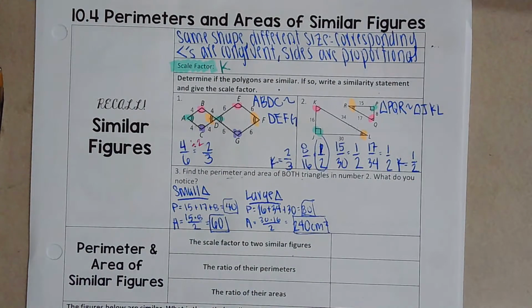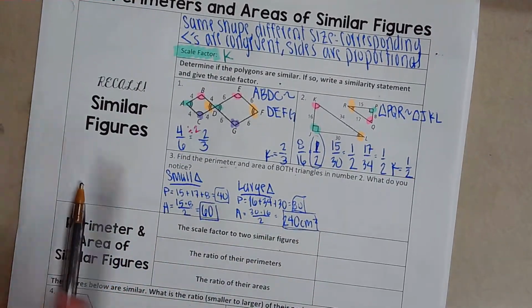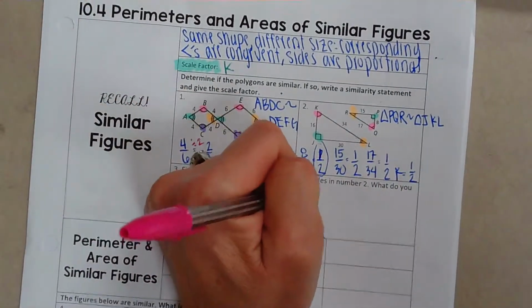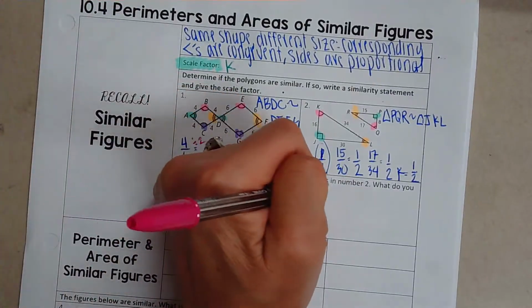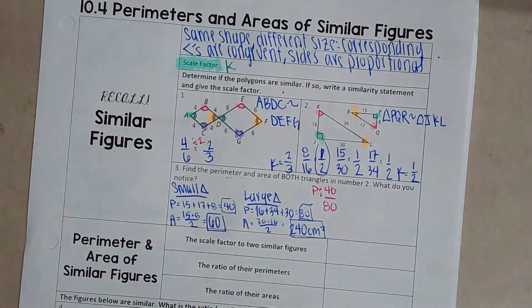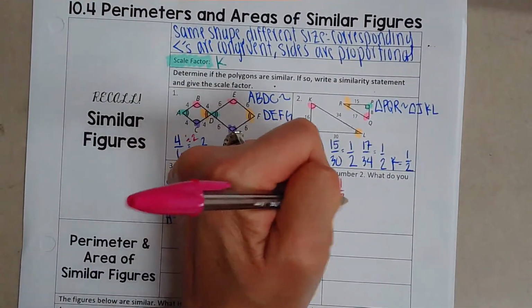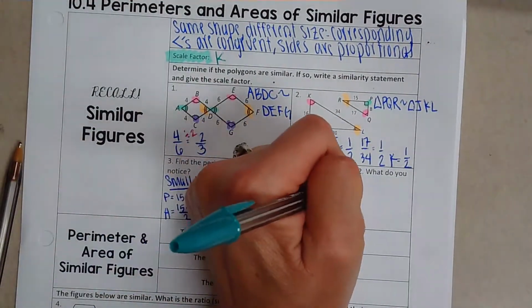Okay, so what I want you guys to do is compare. I'm going to set up a little scale factor with the perimeter. So we're going to say P for perimeter. I'm going to do the smaller triangle on top, 40, over the larger triangle, 80. They're both divisible by 40, so that reduces to 1/2. And now we're going to look at the area.